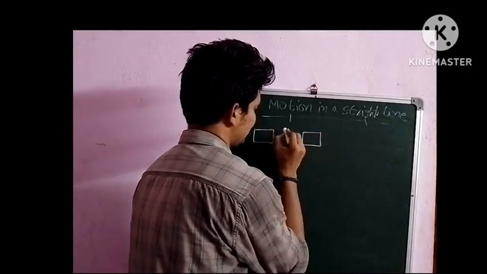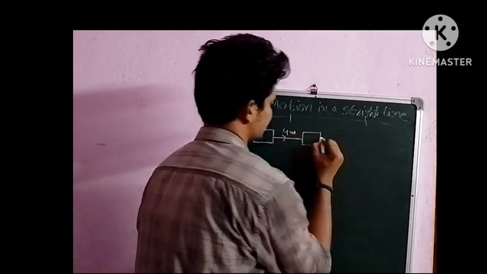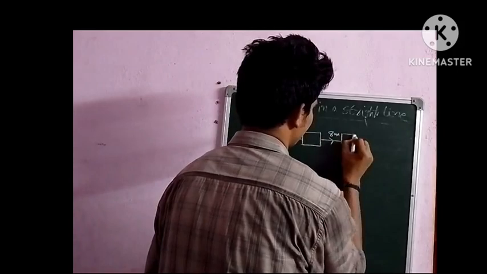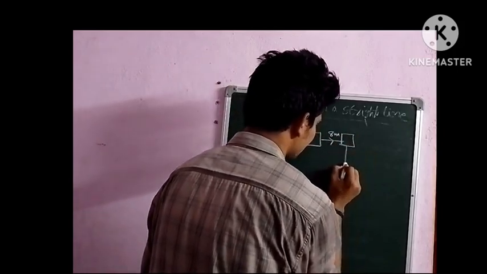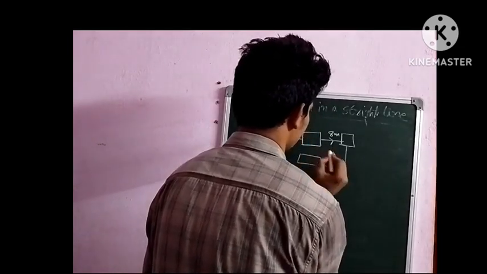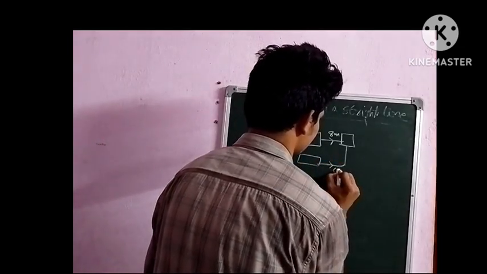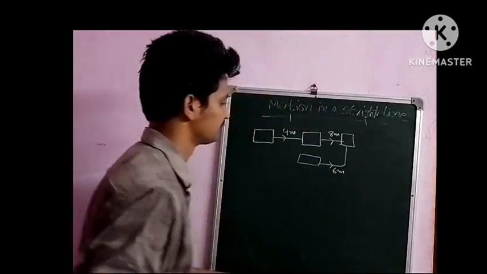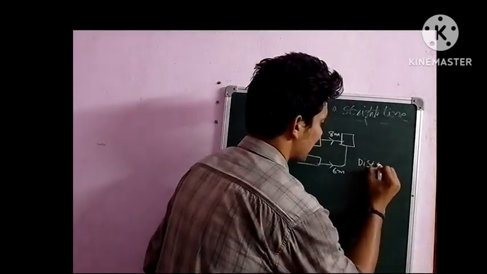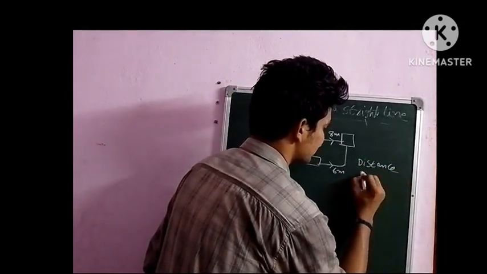This guy traveled 4 meters, then 8 meters, and takes a U-turn for 6 meters. What is the distance and displacement?